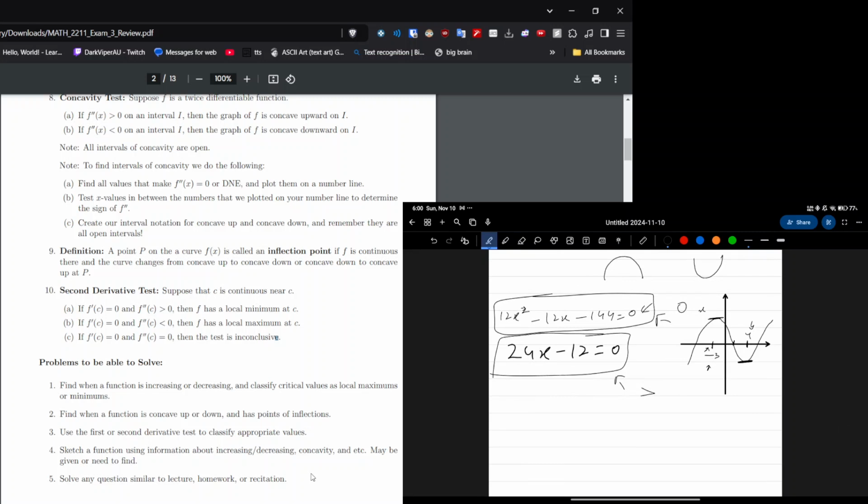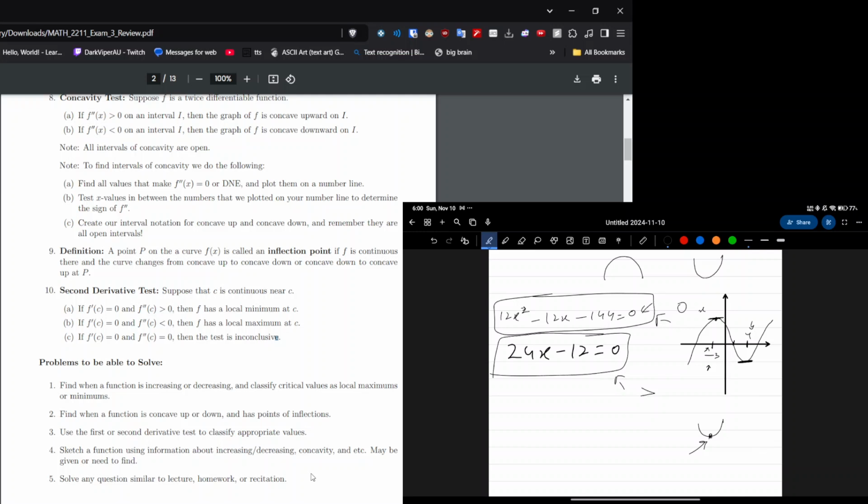The first derivative gives me a 0 because it tells me the slope, and the second derivative gives me a concave up result, which means the shape of this region is like this, and at this point the slope is 0. So definitely this point is a local minimum.